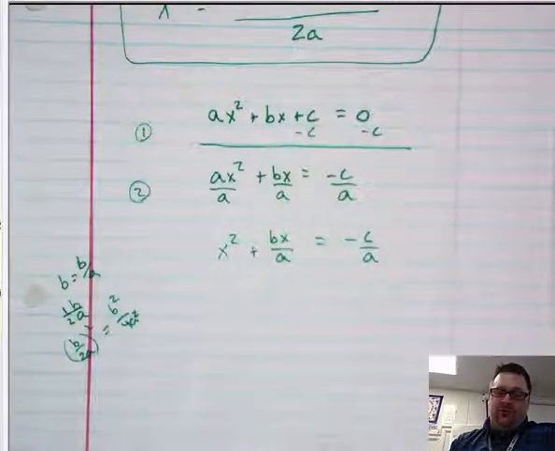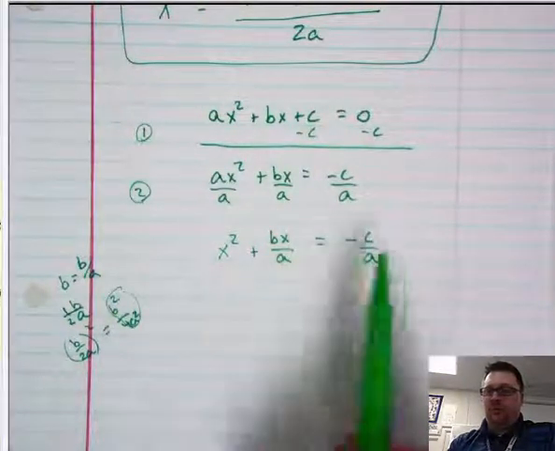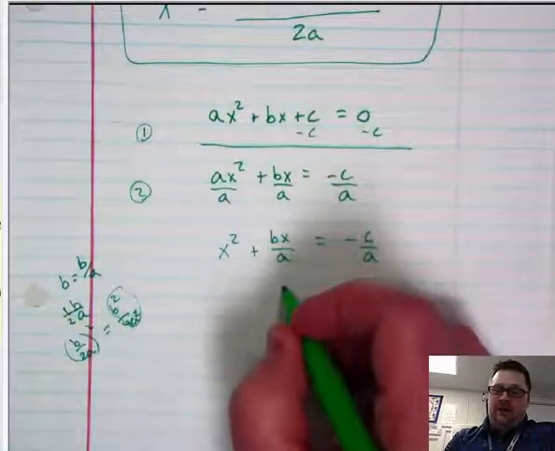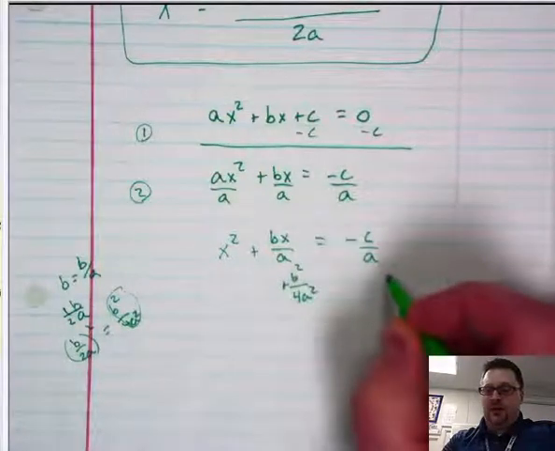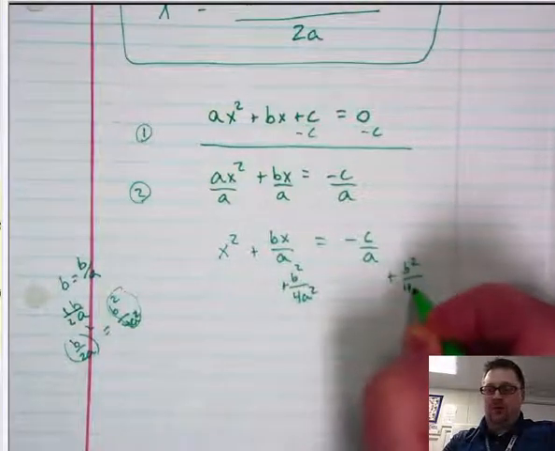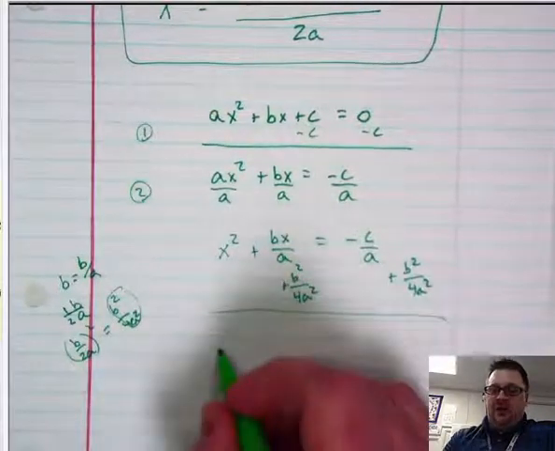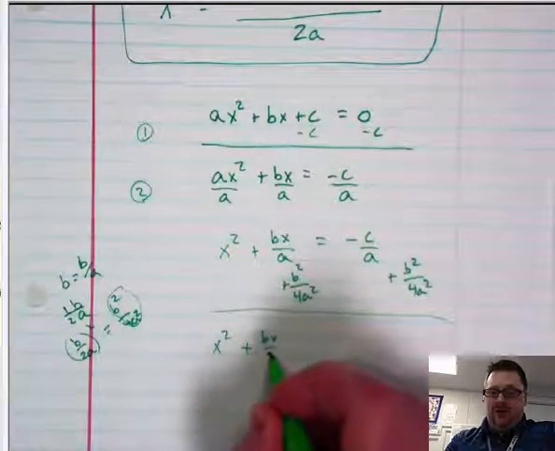If you recall, this is what I'm going to add to both sides of this equation to complete the square. So I add b squared over 4a squared, and I add b squared over 4a squared. This creates something kind of nasty, but that's okay for now.